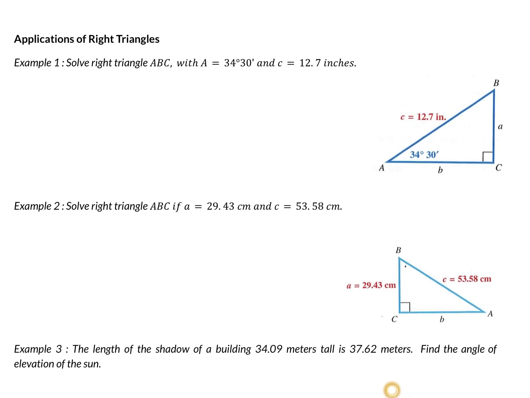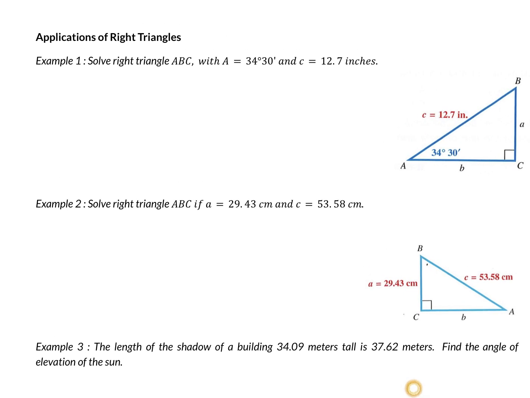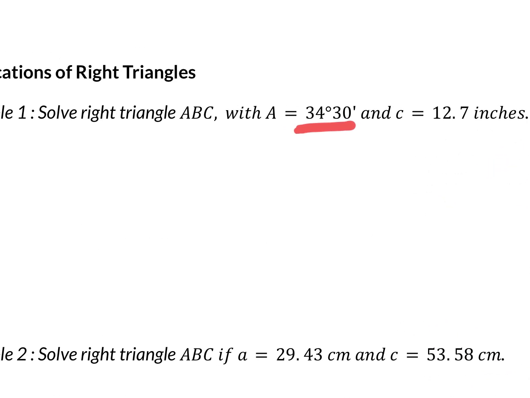So if I want to solve this, the first thing that we want to do is find out what this is in just degrees. We don't want to mess with the degrees, minutes, seconds. We don't need to. In this case, let's just get it in terms of degrees as a decimal. In order to get there, if you remember, you hit second apps to get to the angle function, and that allows you to choose the degree and the minutes button.